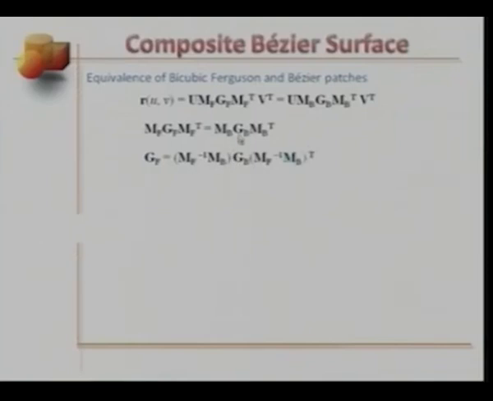Now, given information pertaining to a Bezier matrix, we can get the corresponding geometric matrix for the Ferguson patch as M_F inverse M_B G_B M_B transpose, times M_F transpose inverse. Post-multiply this relation by M_F transpose inverse and pre-multiply the same by M_F inverse.